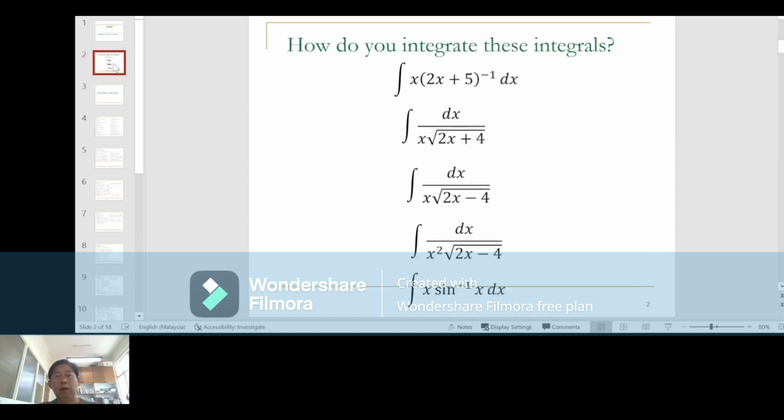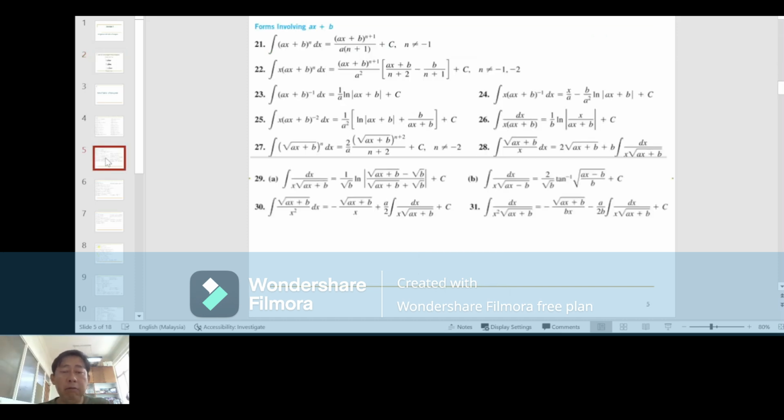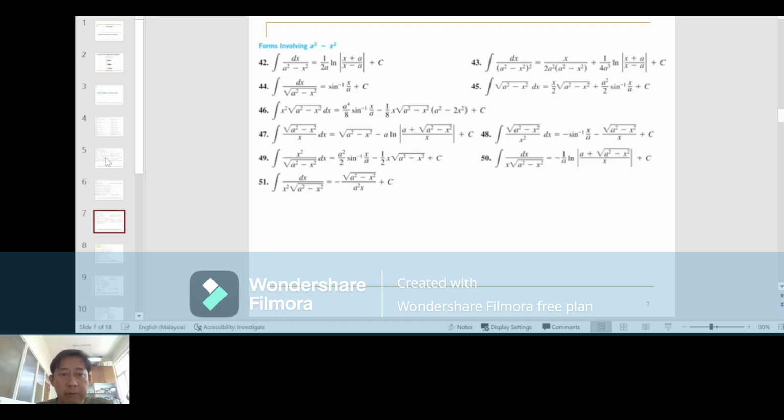We will be showing you the easy way of obtaining the explicit expressions for the 5 integrals as listed on the screen here. We will do this by making use of the formulas that have been compiled in this integral table.